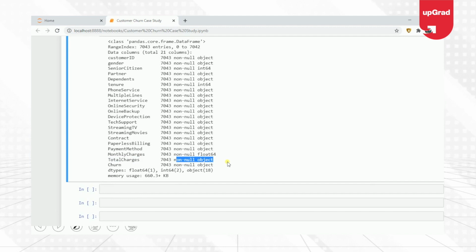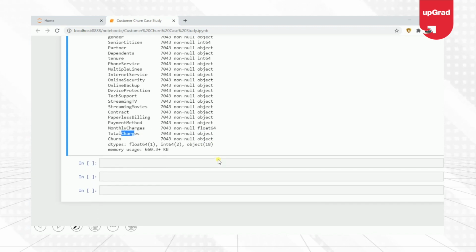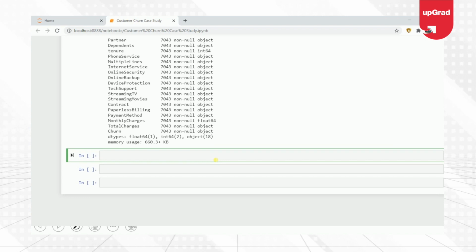We are supposed to convert the type of this column from object to numeric, to be precise, float64. The reason is so that we can perform analysis on this data and compute it mathematically. Let us try to convert this total charges column into numerical type.